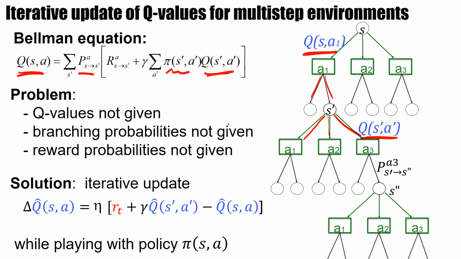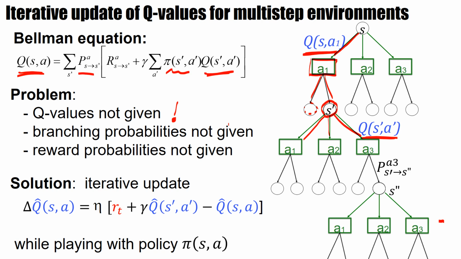Even if I know that I've taken action A1 starting from state S, there are still different possibilities. And then if I end up in state S prime, then I go from there. But I could have ended up in a slightly different state. So the Bellman equation links the Q values at two different levels, but just as in the single horizon case, the Q values are not given.